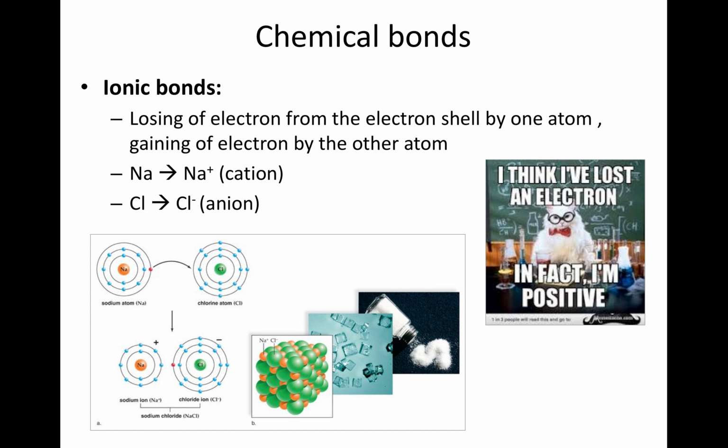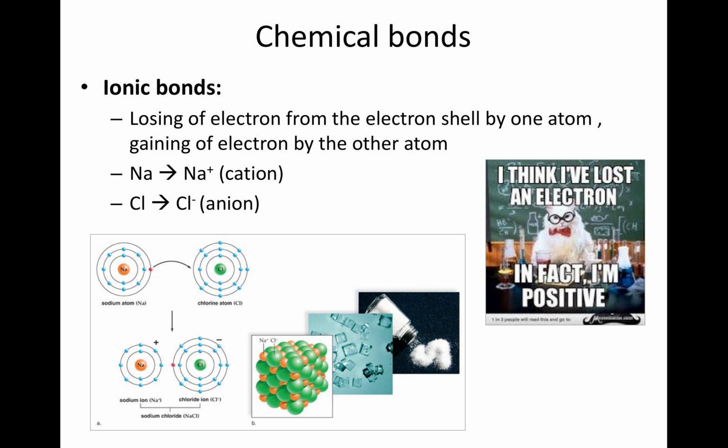The first one is the ionic bond. An ionic bond is the interaction that takes place between two atoms where one atom loses its electron and the second atom gains the electron. If you recall, the charge of electrons is negative.